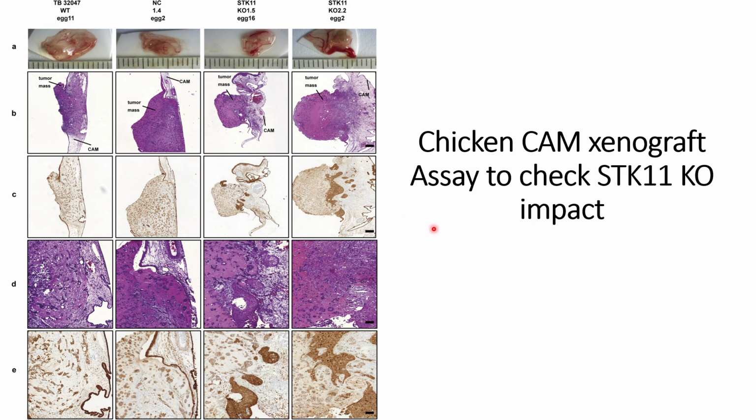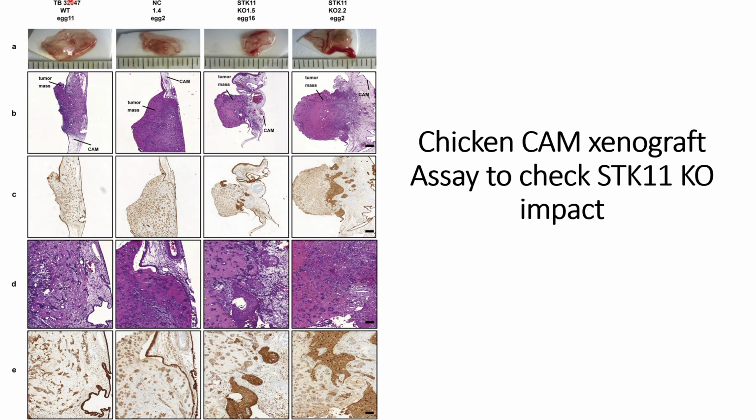So in this experiment, they have taken the xenograft from an animal, the chicken, and used it with these pancreatic cancer cells in which STK11 is knocked out. They did the experiment on TB30427 cells.